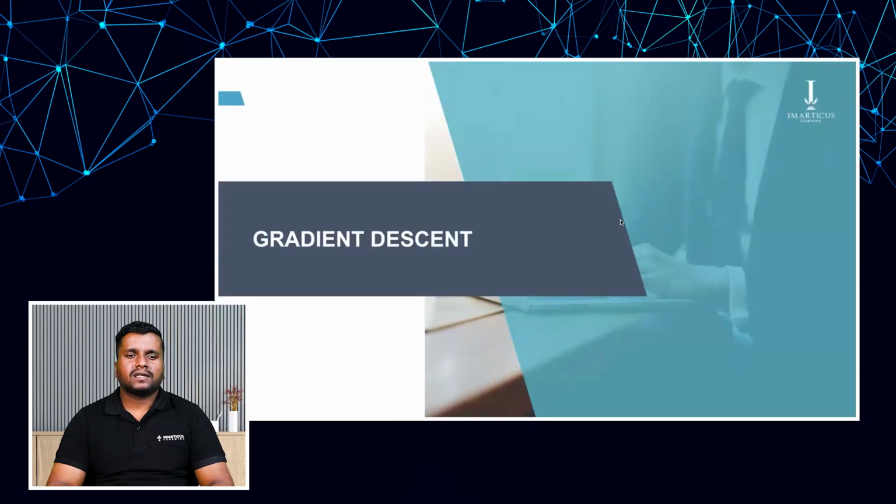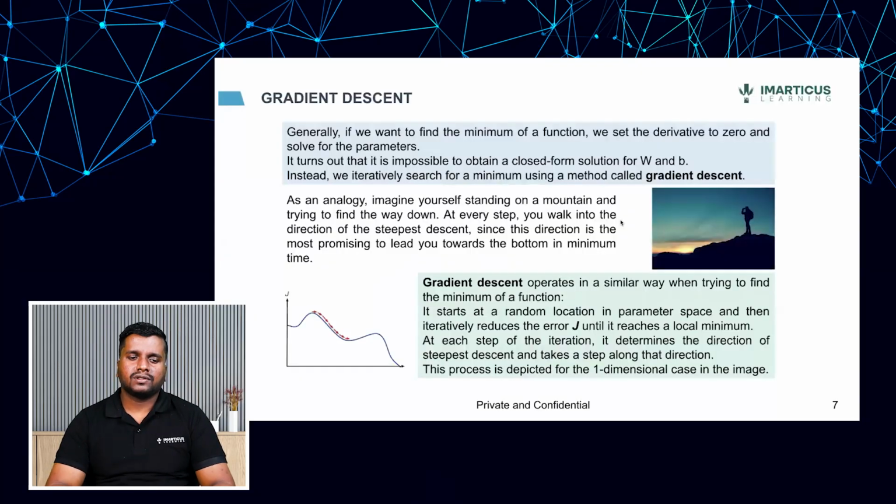So we'll first try to understand the gradient descent approach. Generally, if we want to find the minimum of a function, we set the derivative to 0 and solve for the parameters. It turns out that it is impossible to obtain a closed form solution for weights and biases. Instead, we iteratively search for a minimum using a method called gradient descent.